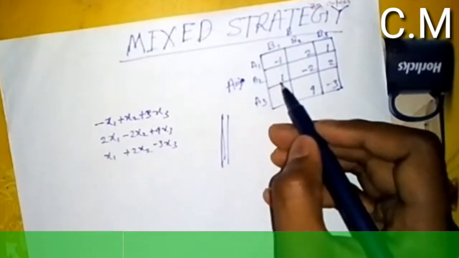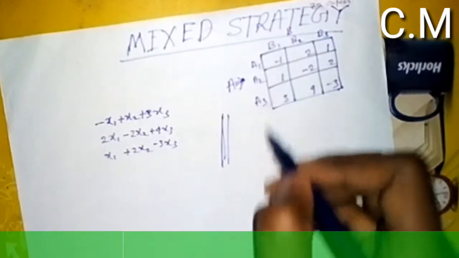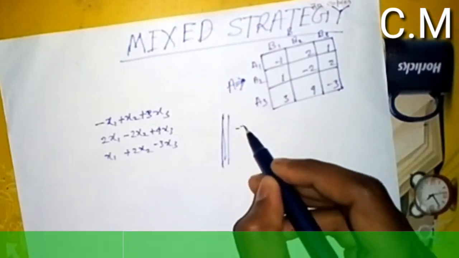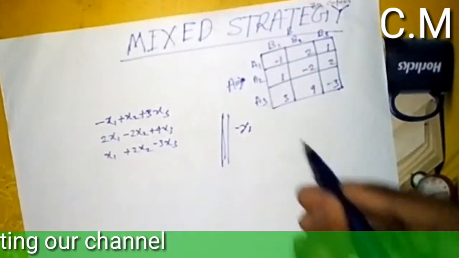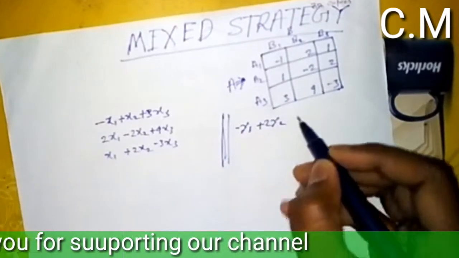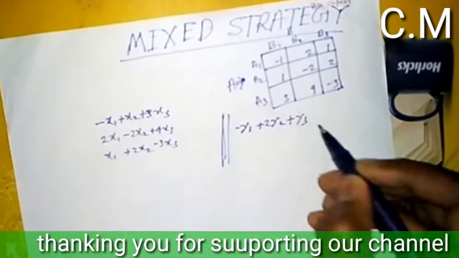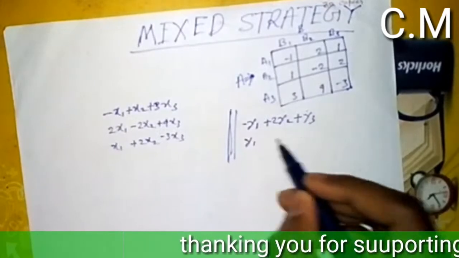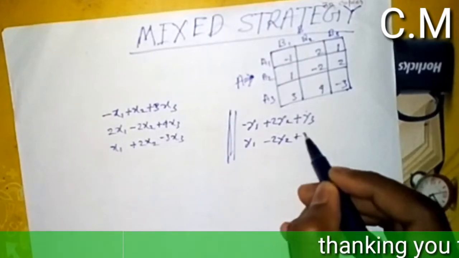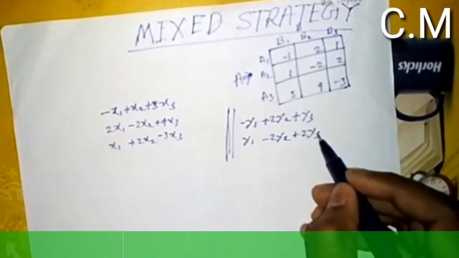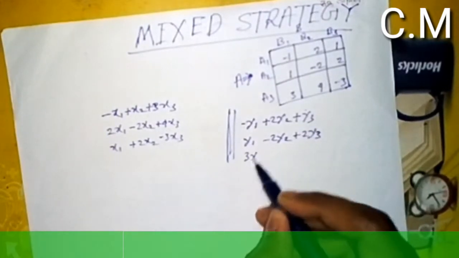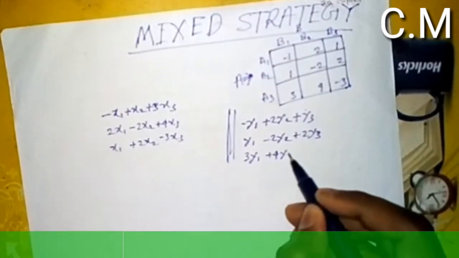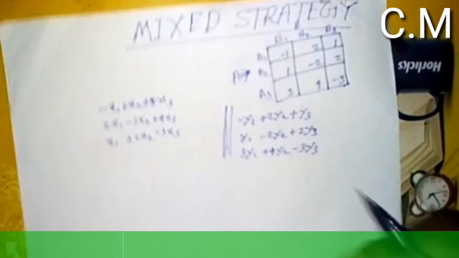So similarly I write minus y1 plus 2y2 plus y3. Next, y1 plus 2y2 plus 2y3. Next, 3y1 plus 4y2 minus 3y3.